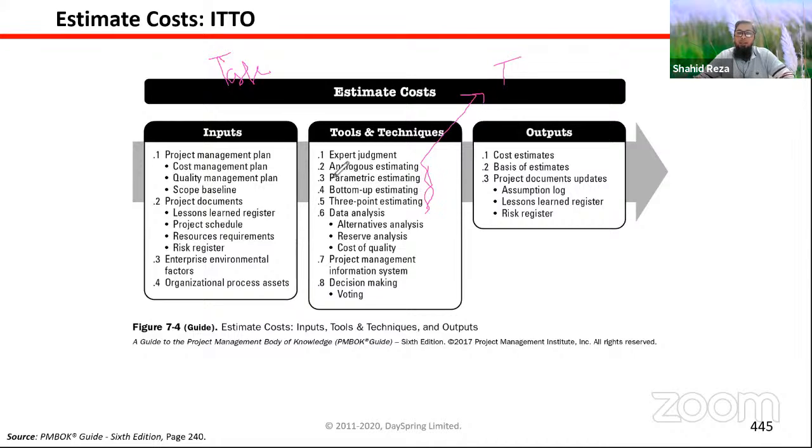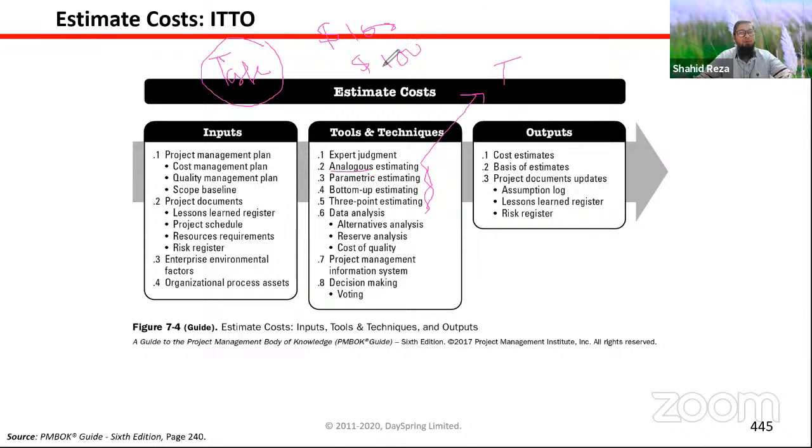So what is analogous? Analogous means using analogy, using reference from historical data. If earlier tasks, for example, took $100 to complete, and the task is the same type, then we can say for this task we need another $100.